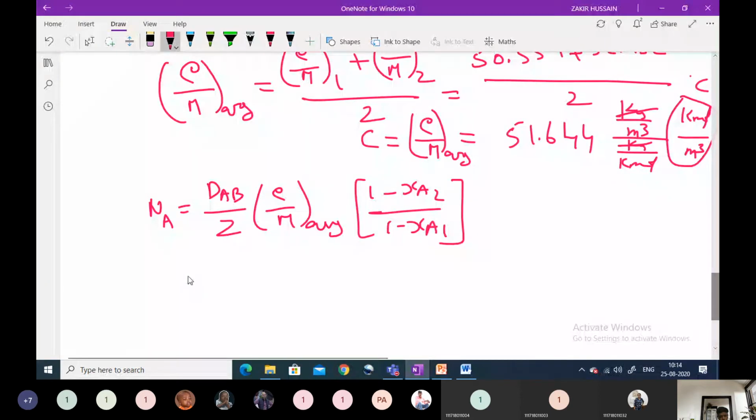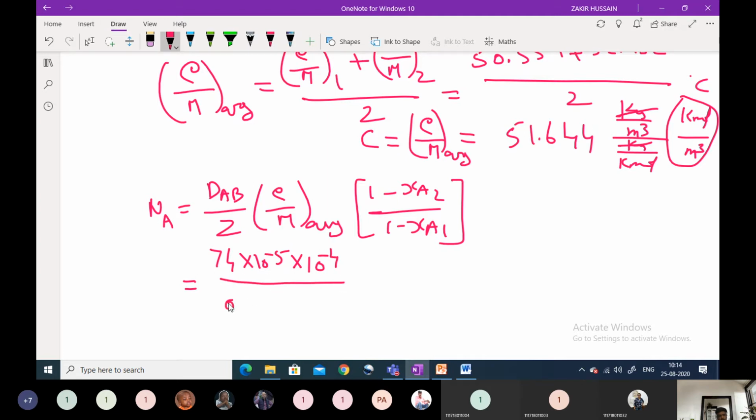DAB has already been provided: 74 into 10 power minus 5, which we converted into meter square, so 10 power minus 4, divided by Z, which is already given as 0.4 centimeters.